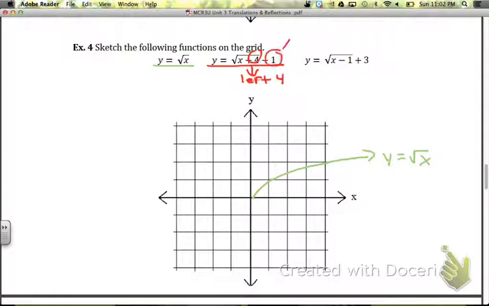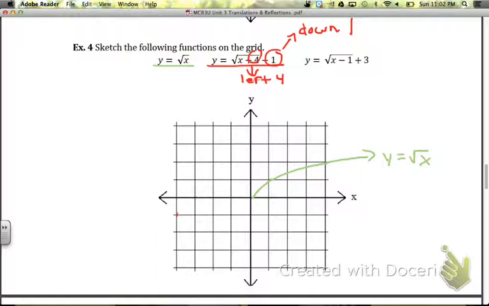And this negative 1 is going to tell me we're going down 1. So from your origin, move that point from 0, 0, left 4. That takes us to negative 4, down 1. So we get our point to be negative 4, negative 1. Similarly, with our point 1, 1, you're going to move left 4, down 1.